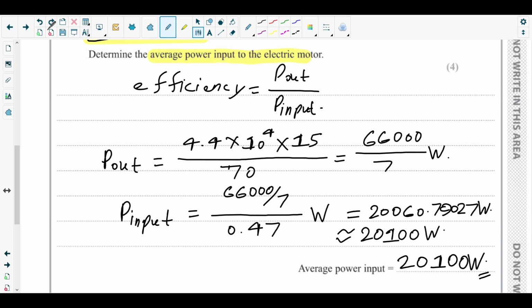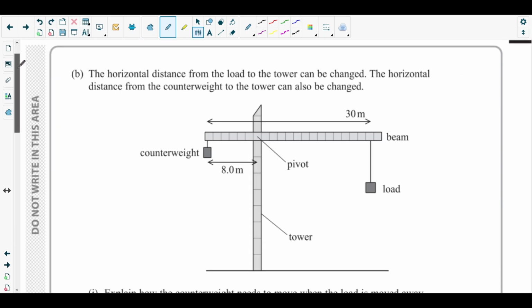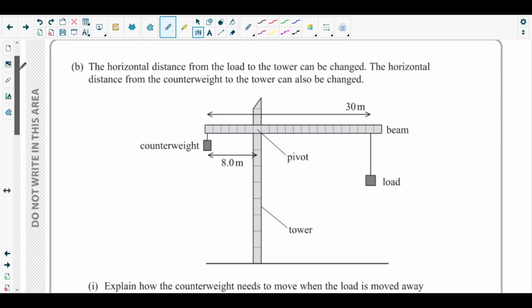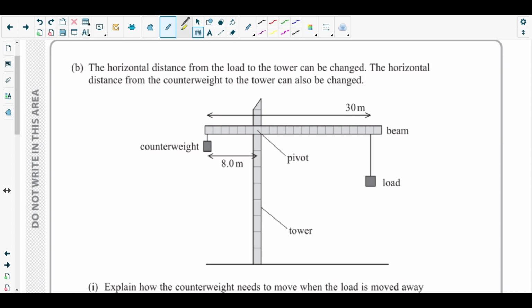Next is part B of question number 19. Part B says the horizontal distance from the load to the tower can be changed. The horizontal distance from the counterweight to the tower can also be changed.